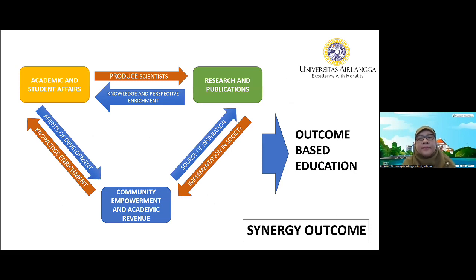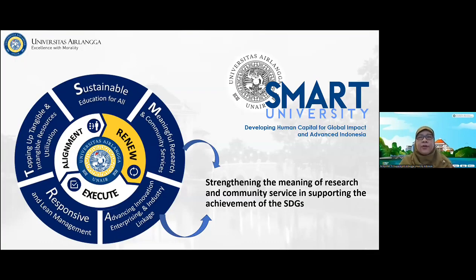And we can see here, our university has the strategic implementation to achieve the SDGs, strengthening the meaning of the research and community services. And we have the policy of our rector, which is SMART.